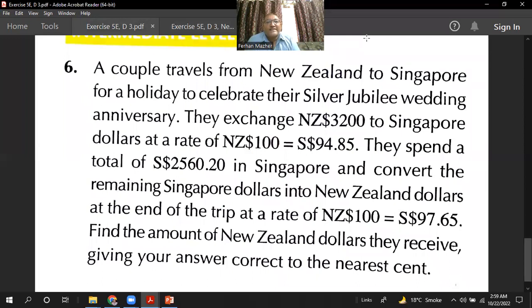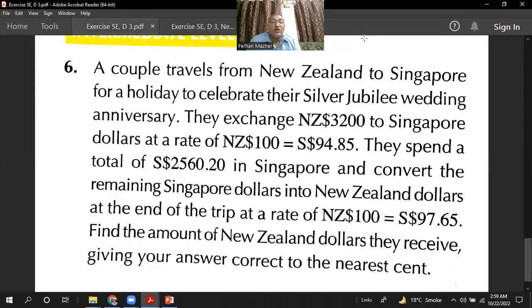Question number 4, exercise 5E. A couple travels from New Zealand to Singapore for a holiday to celebrate their silver jubilee wedding anniversary. They exchange 3,200 New Zealand dollars to Singapore dollars at a rate of 100 New Zealand dollars equals 94.85 Singapore dollars.